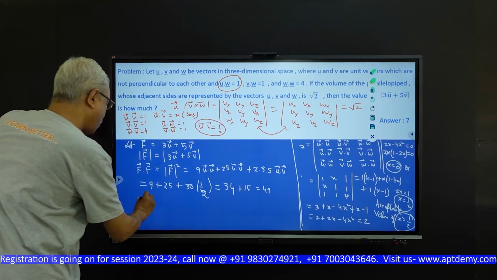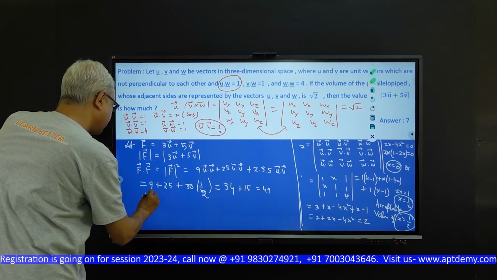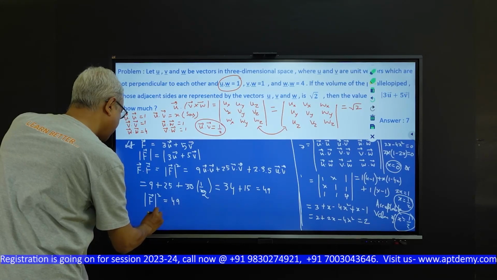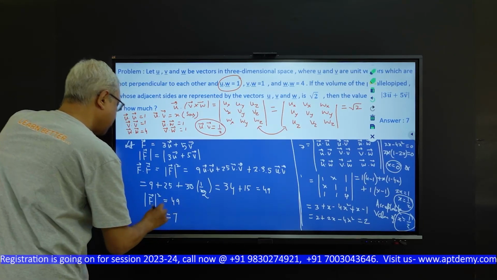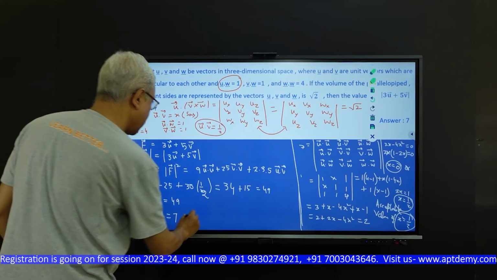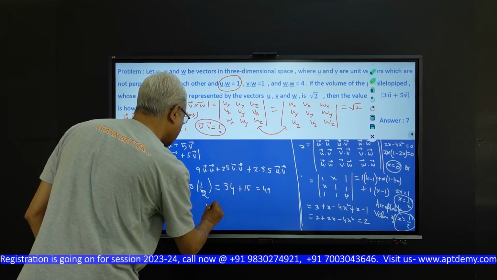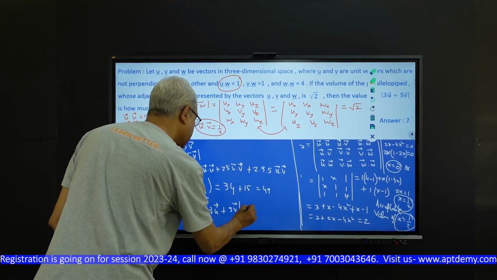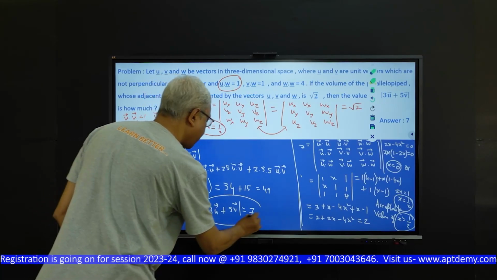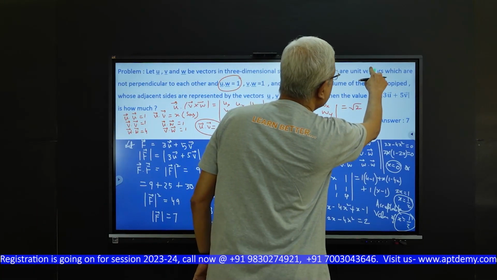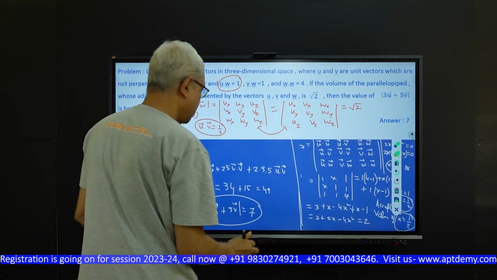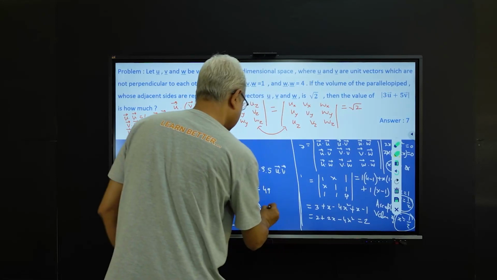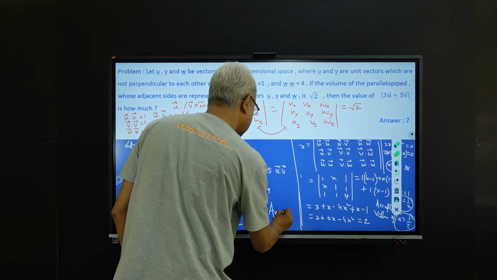Therefore, mod f square is 49. So mod vector f, mod of 3u plus 5v, is equal to 7. Therefore, the solution of this problem is 7. The answer is basically 7.